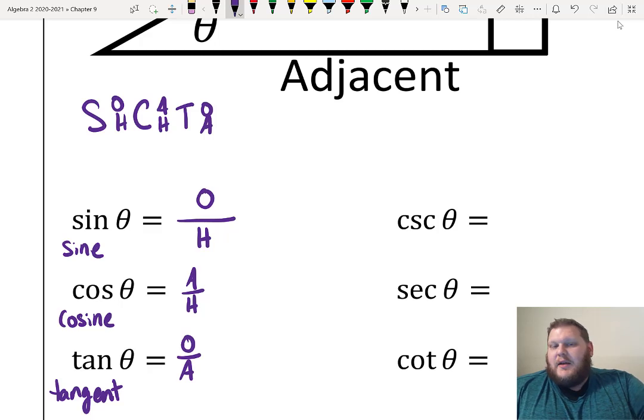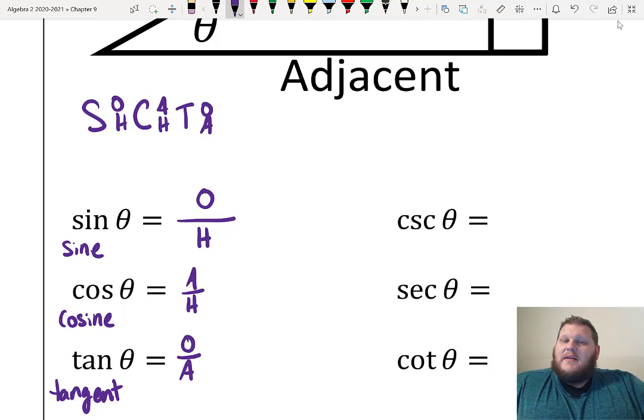I wrote it with O over H, A over H, and O over A for my original 3 functions. If I have side lengths, I can just fill them in once I've identified my opposite, adjacent, and hypotenuse. Those are my original 3 trig functions: sine, cosine, and tangent.